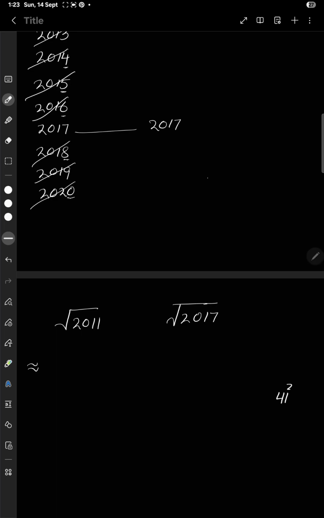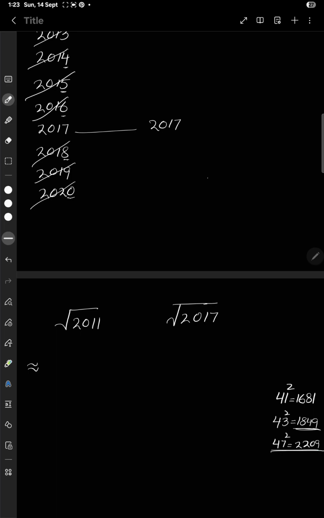So if I take 41 square, the answer will be 1681. If I take 43 square, the answer will be 1849. And if I take 47 square, the answer will be 2209. So I'm not going to take this number.